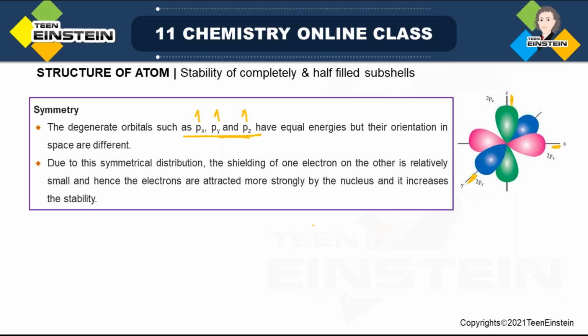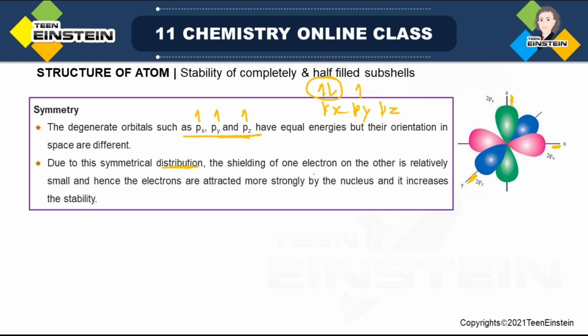Because of their different orientation, electrons remain in different regions. If it is not symmetrical, suppose you place 2 electrons in the same orbital, their orientation is the same, though it is not strictly true, I am just comparing. When you place 1, 1, 1, all their orientations are different.